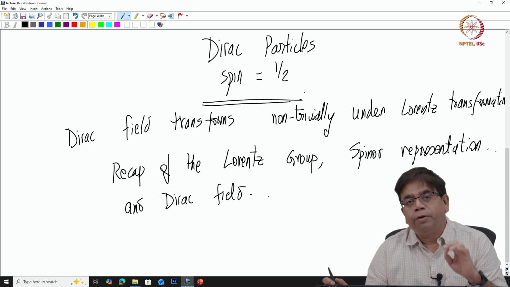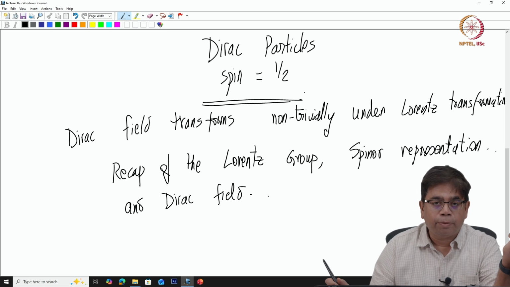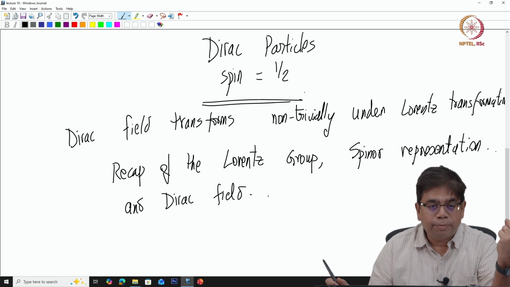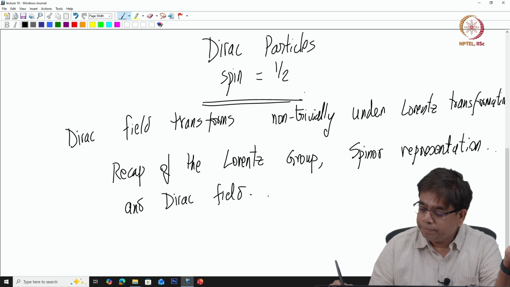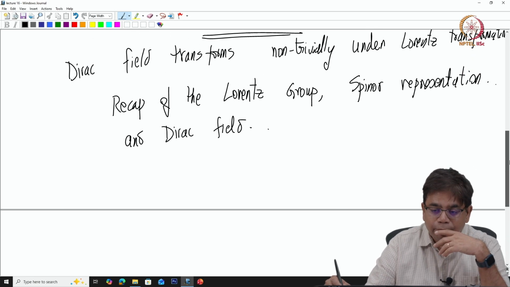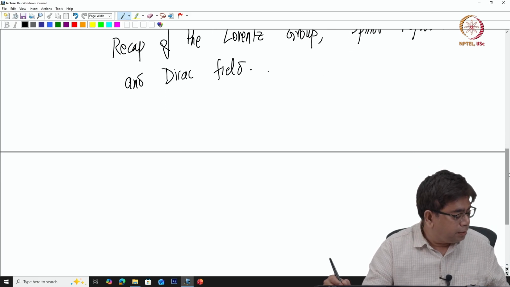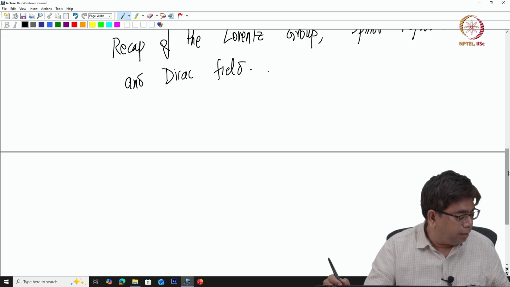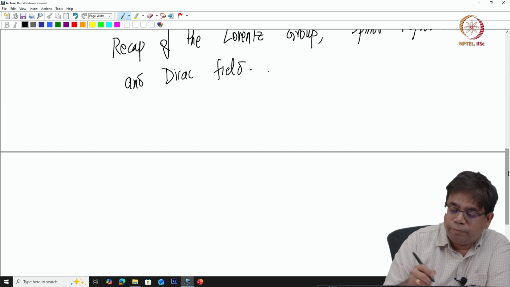There are some subtleties involved in the Dirac field quantization, and the role of antisymmetry is an important thing, because there is the connection between spin and statistics, which I will state when we start quantization. But anyway, let's start with the Lorentz group essentially. What is it?